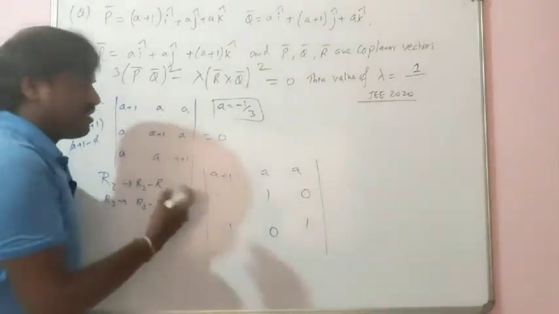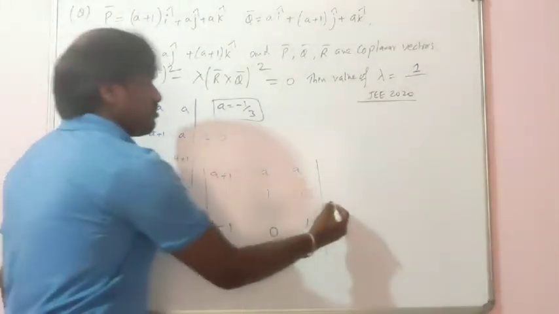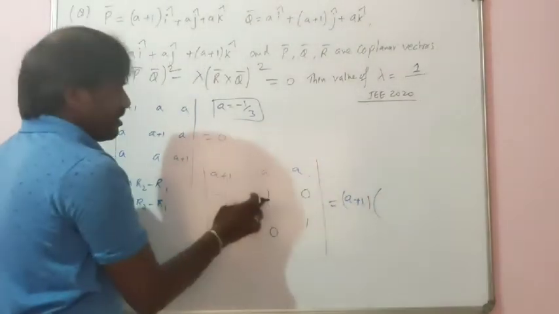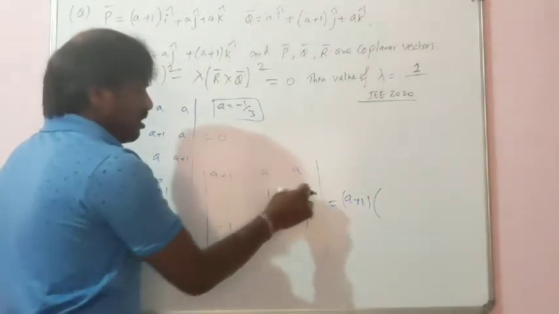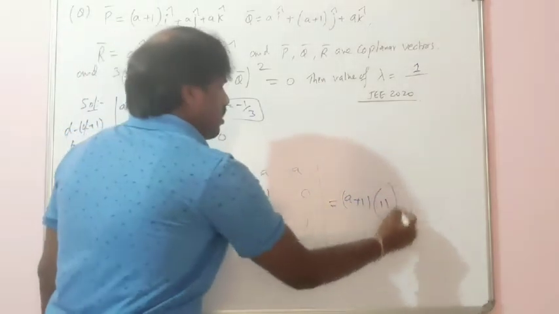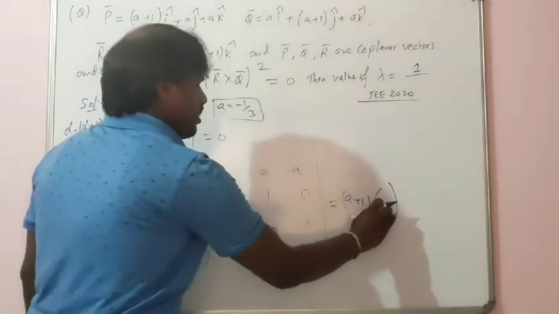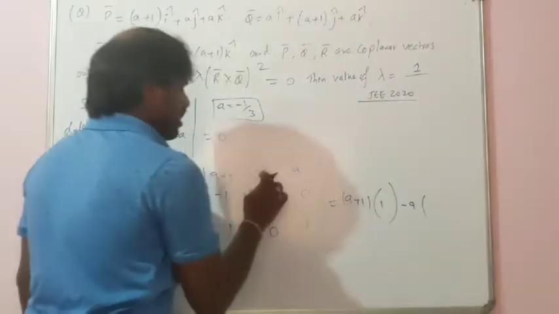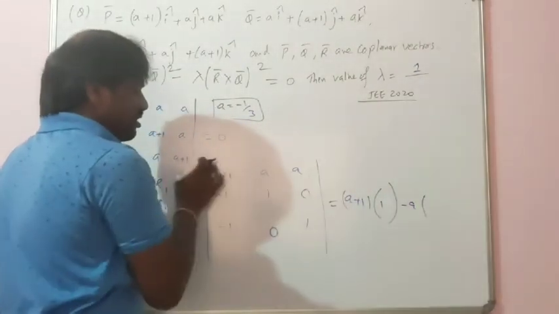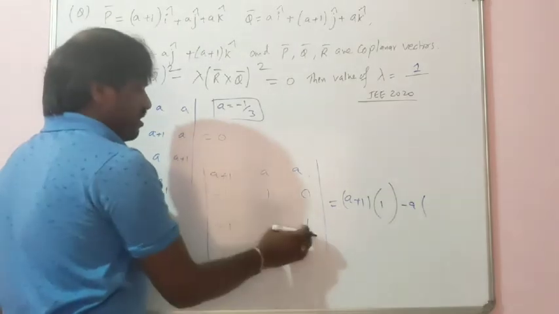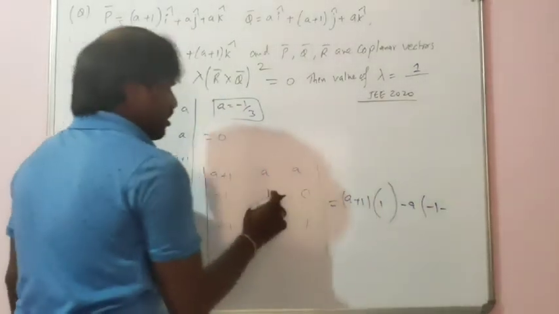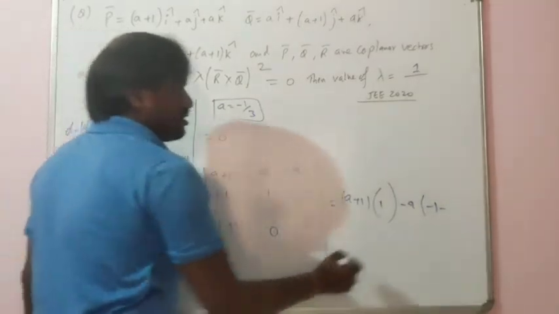Now you have got the simplest form, you can expand this. So what do I get here? (a plus 1) into (a plus 1) into 1, this into this, ones are 1, minus 0 is 1. Minus a into, this is closed and this is closed, so here minus 1 into 1, that is minus 1, and you get 0 into this one will be 0. Okay, fine.